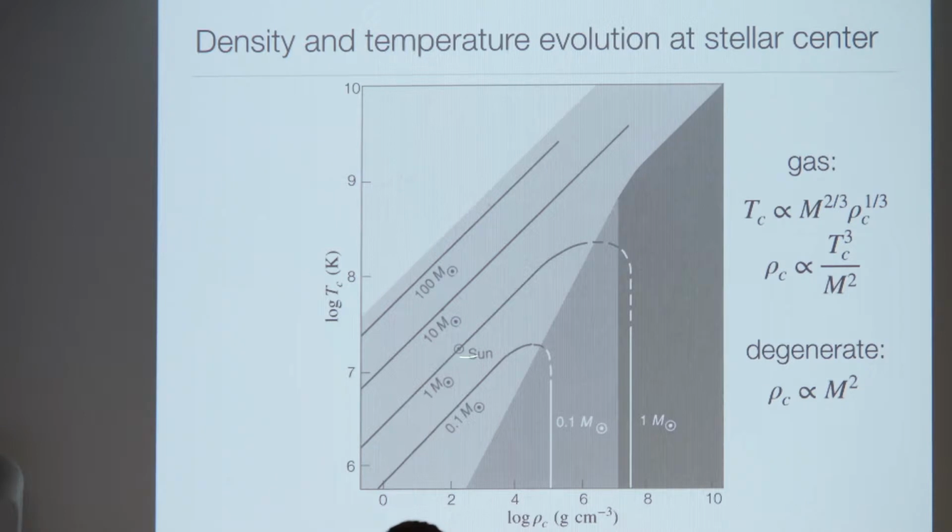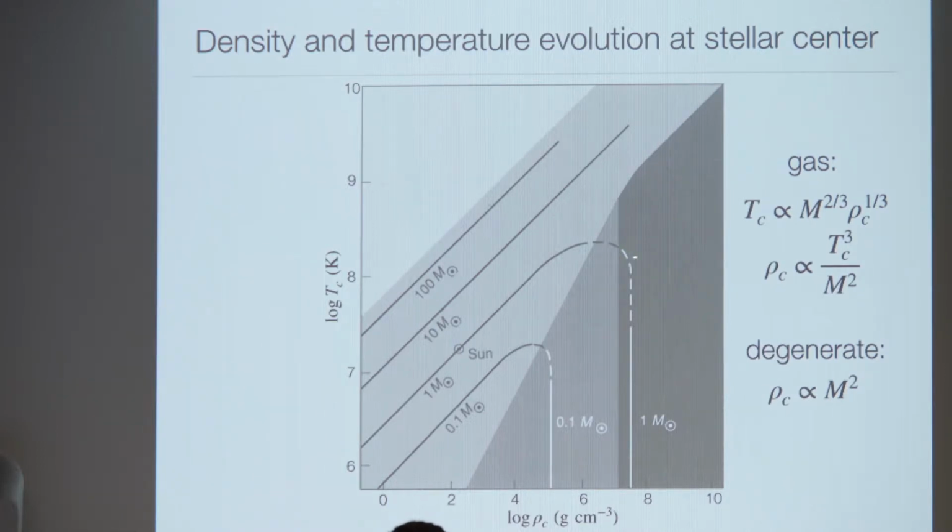currently it's dominated by gas pressure, but as it evolves, the Sun starts to hit the region where the degenerate gas pressure kicks in, and degenerate gas pressure will take over.